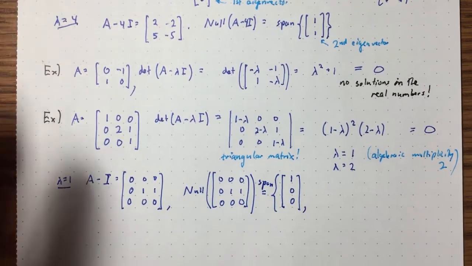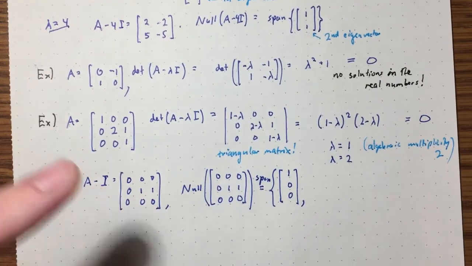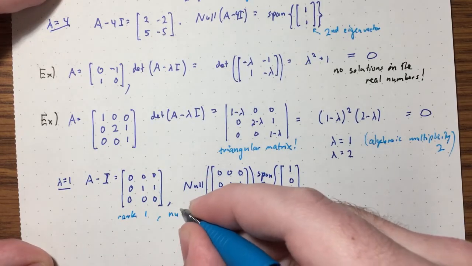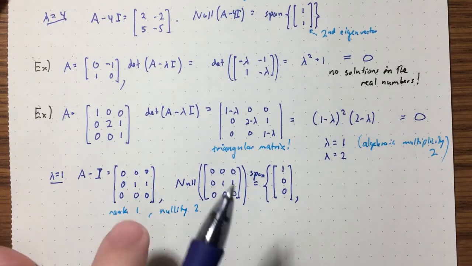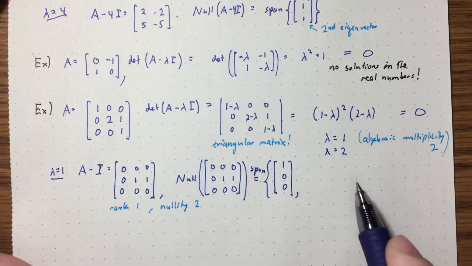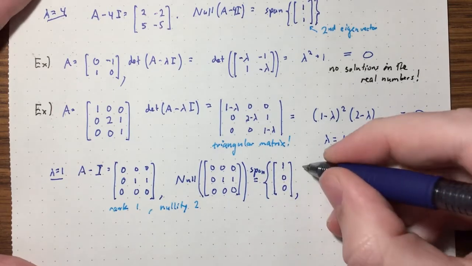And I put a comma because I knew there was another one, because this is rank 1, so it's going to have nullity 2 by the rank-nullity theorem. There's only one pivot there. So can I see a second way to add the columns to get 0 that's linearly independent from this one?